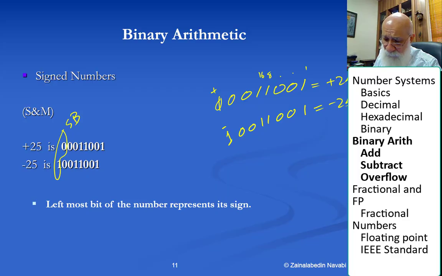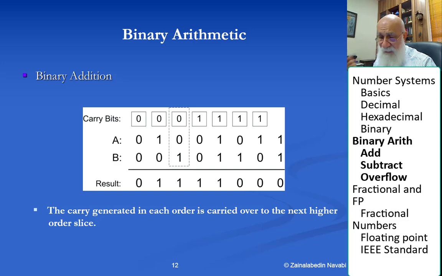Let's say you want to do 93 minus 25. You have to subtract 25 from 93, and then you will be using a mechanism for subtraction. Okay, let's go through the mechanism for addition for now.